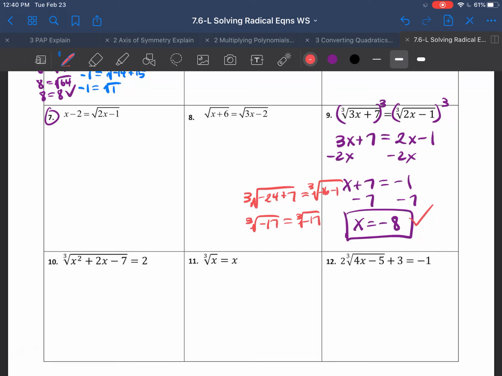Okay, for number 10, we just have one cube root. And so it is already isolated, so I can cube both sides. Leaving me with this x squared plus 2x minus 7 equals 8. Okay, and so then I'm dealing with a quadratic again, so I need to get everything on one side.